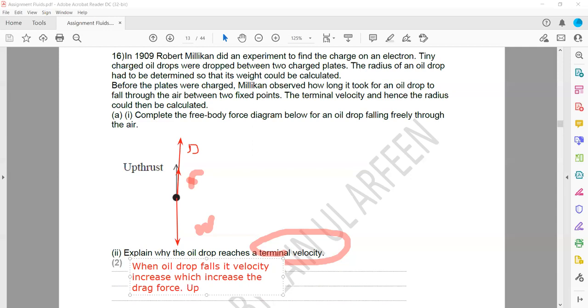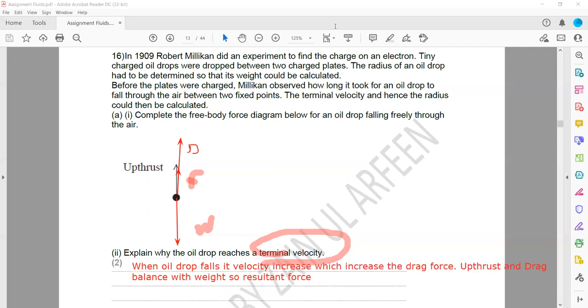So upthrust and drag balance with the weight, so no resultant force, and this will fall with a constant speed.